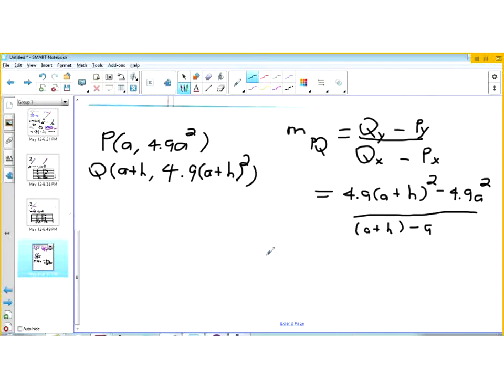And so we recast the problem now into a limiting problem.